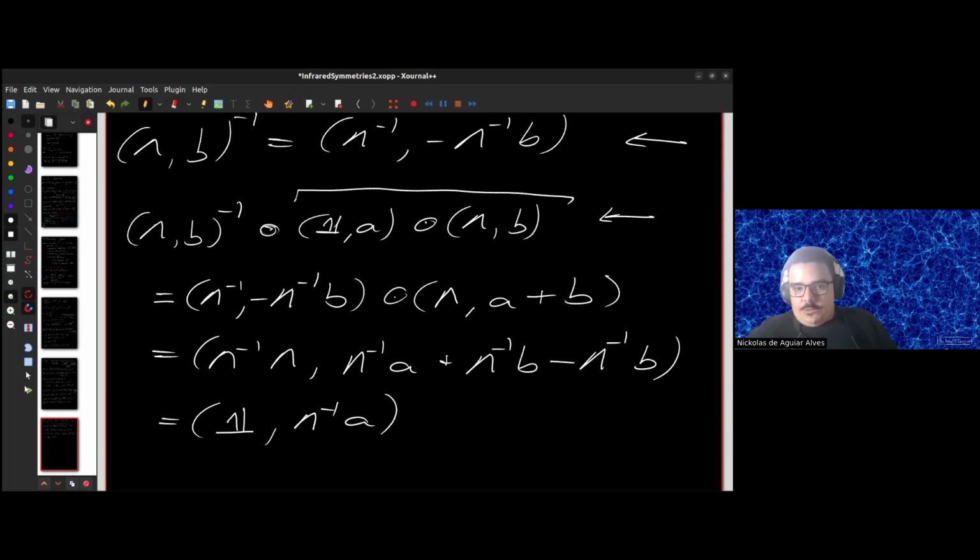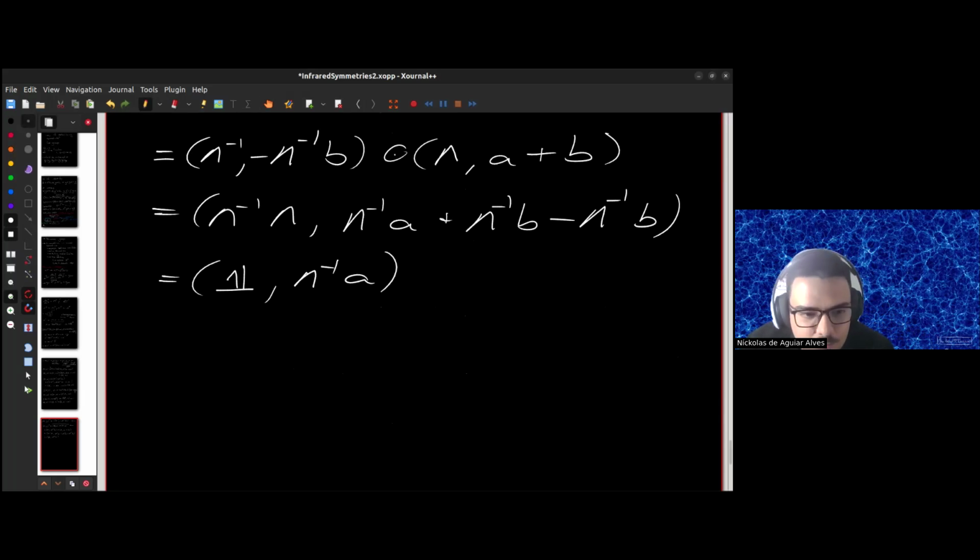Why exactly is this interesting? This is interesting because we took a general group element G, and we made what we call a conjugation. We multiplied by G and by G inverse on either side of the translation that we wanted. I'm going to call the translation N here. We made this calculation, and this result was still a translation.